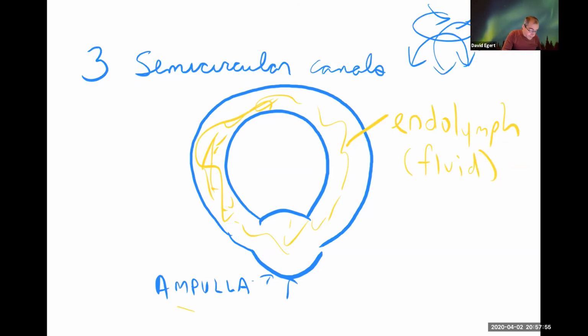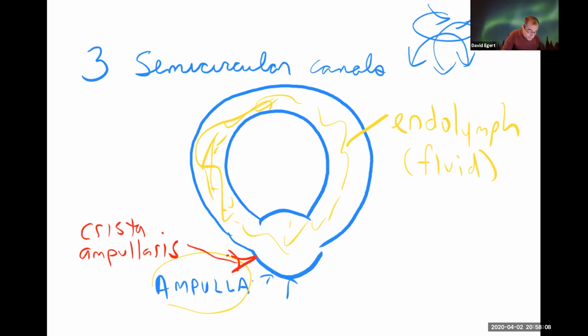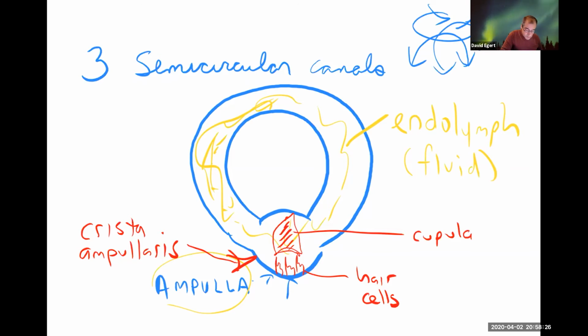And in the ampulla, you have a little organ called the crista ampullaris, which is basically going to be some hair cells with this gelatinous membrane on top called the cupula. The gelatinous curtain.